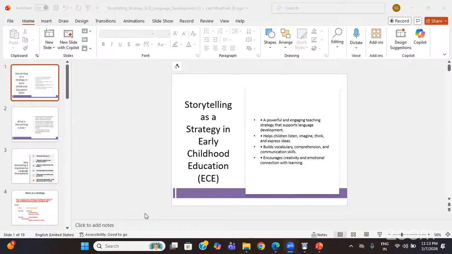So storytelling also encourages creativity and emotional connection with learning. How does it encourage creativity? When you yourself go on telling the story, there is only one-way communication and it is not a two-way process, isn't it?